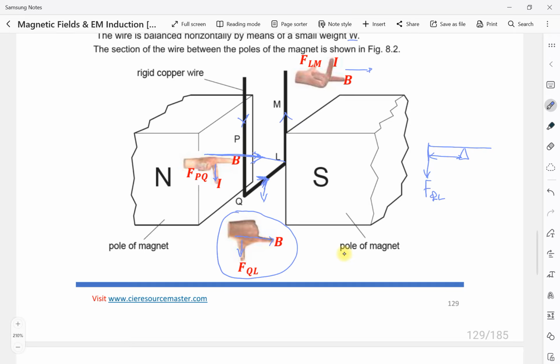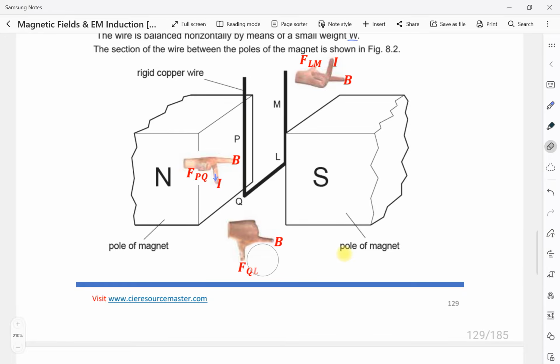One, you can think about them as cancelling out each other. The forces on PQ and LM are horizontal and act through the same line. And because they act through the same line, they are going to cancel out each other, as illustrated by these Fleming left hands here.